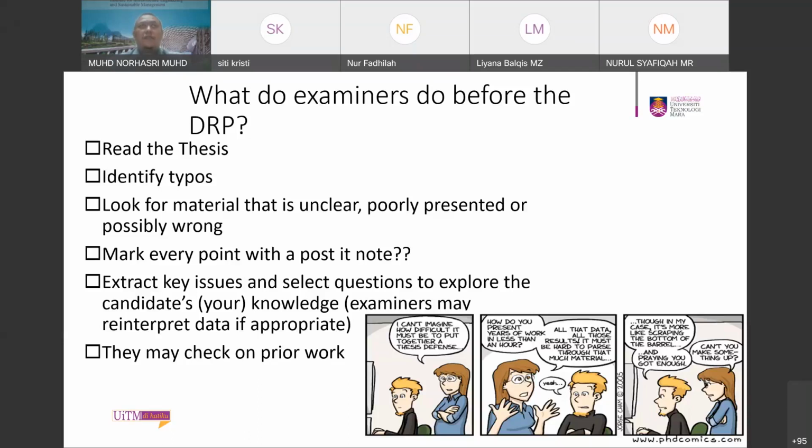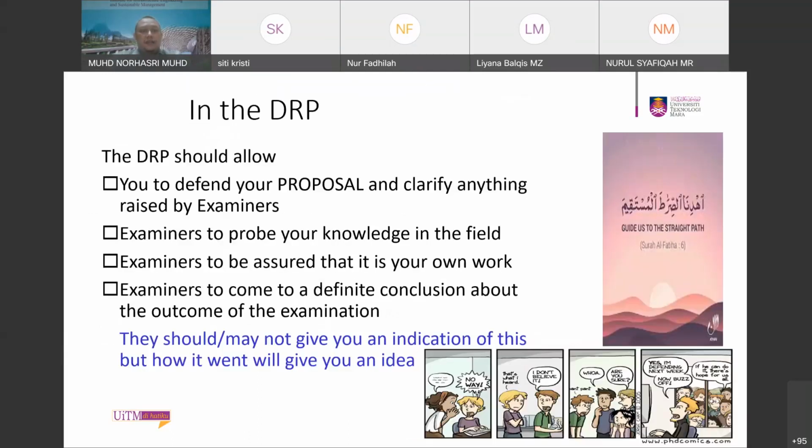From there, you can prepare yourself to cover the things that maybe you were lacking when preparing your proposal. What in the DRP report needs to be clarified, and what extra work should you put in to cover yourself during the presentation?